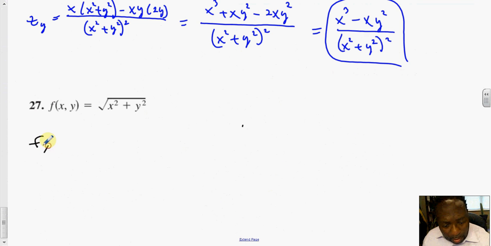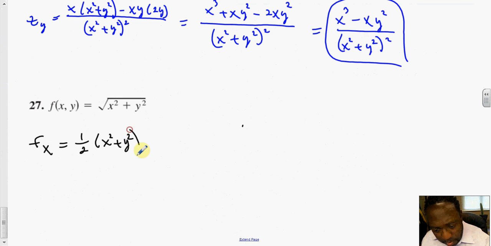Find the partial here of f with respect to x. This is 1/2 times parentheses x squared plus y squared to the 1/2 power minus 1, so this is negative 1/2, times the derivative of the inside with respect to x, that's 2x.